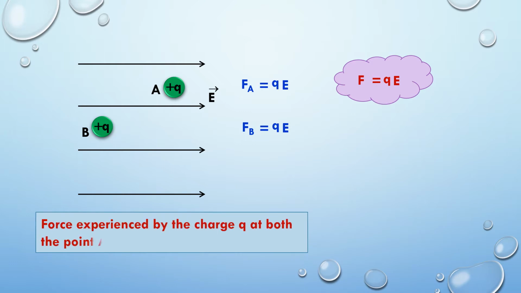Now, the force experienced by the charge at both the points A and B is the same. That is, the magnitude remains the same.